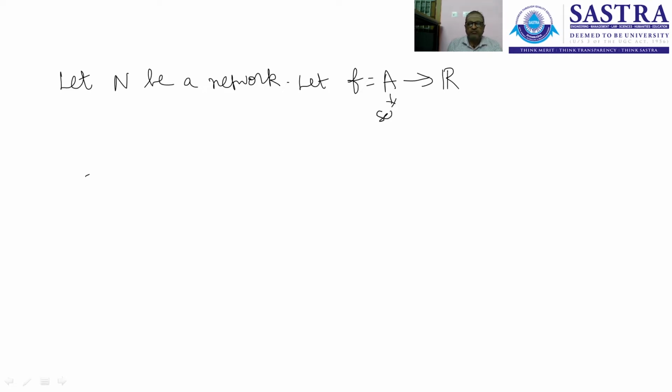Apart from these definitions, we require some more, which I will illustrate here. Let capital N be a network. Let F be a function from A to R, where A is the set of all arcs.